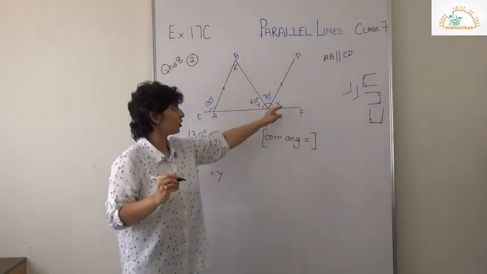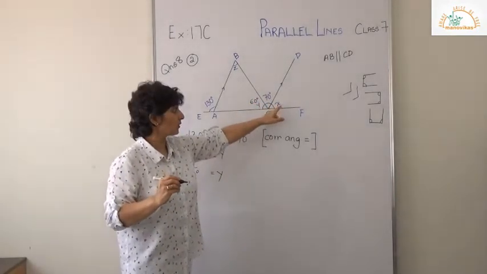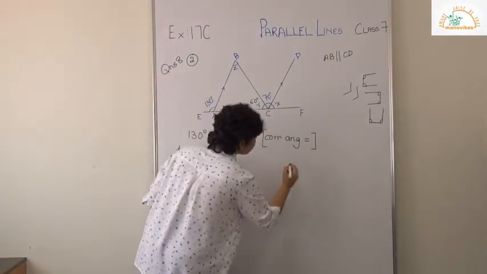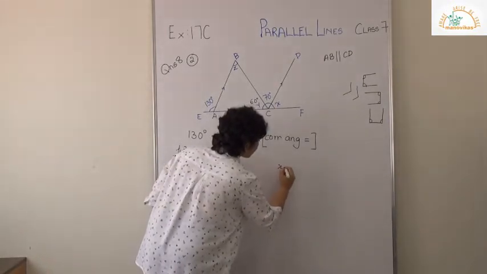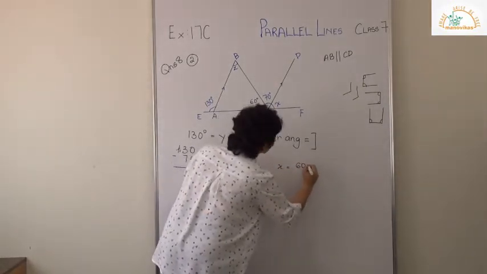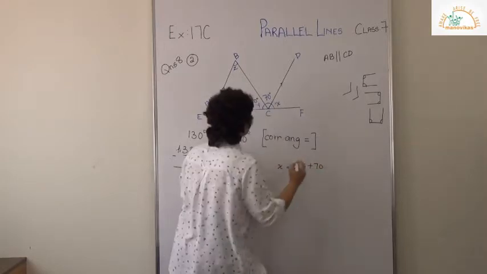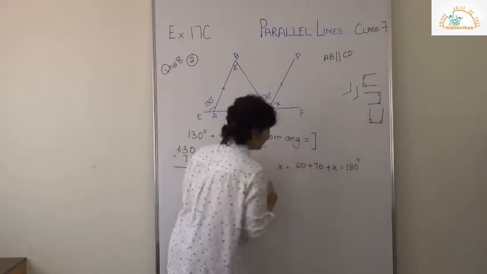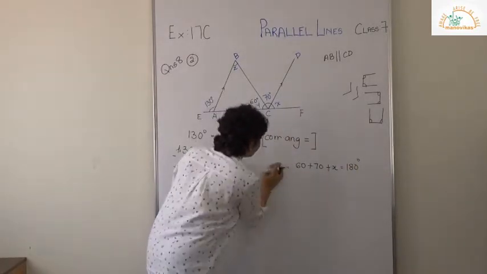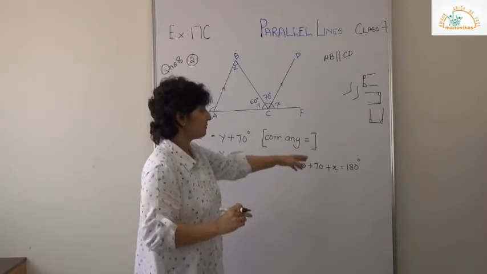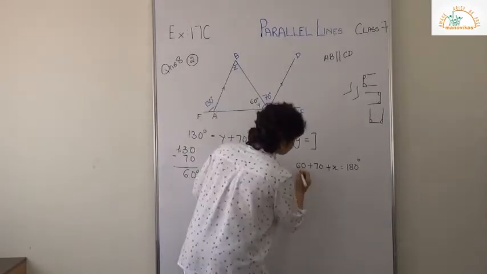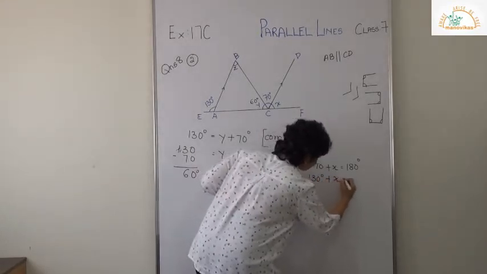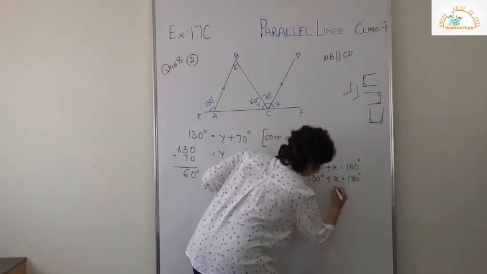Now, just looking at this, children, you know what X can be, right? This is a straight line. So I know 60 plus 70 plus X is equal to 180 degrees, right? 60 plus 70 would give me 130 degrees plus X is equal to 180.